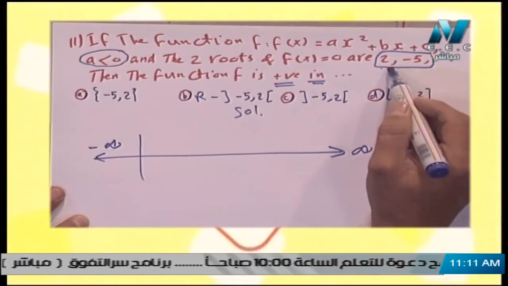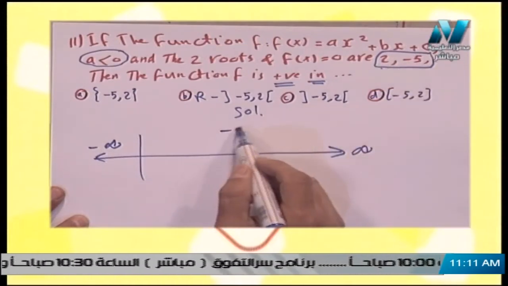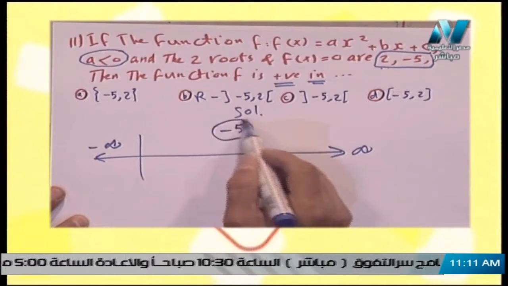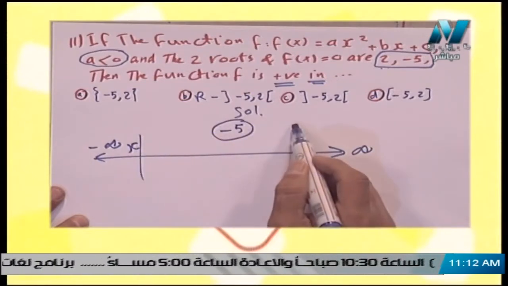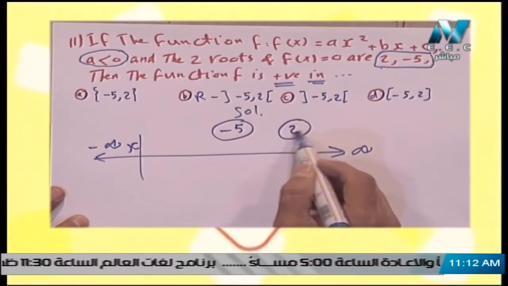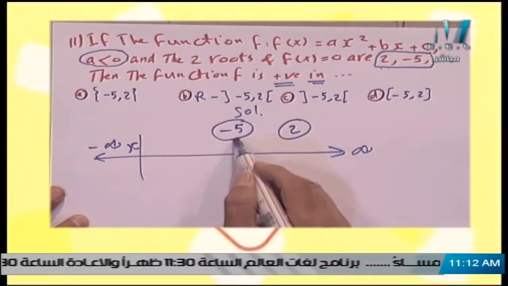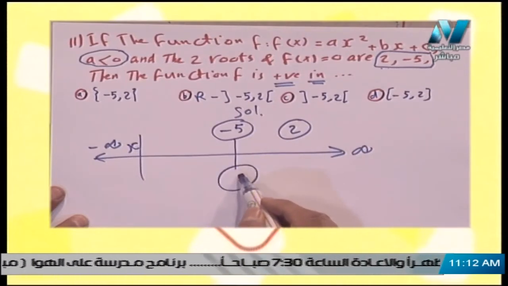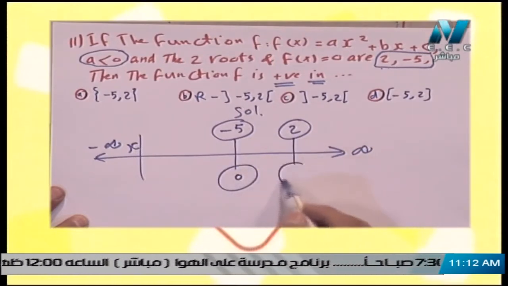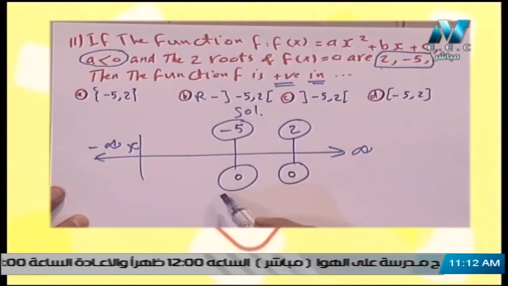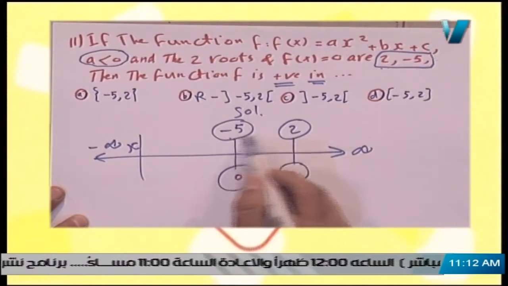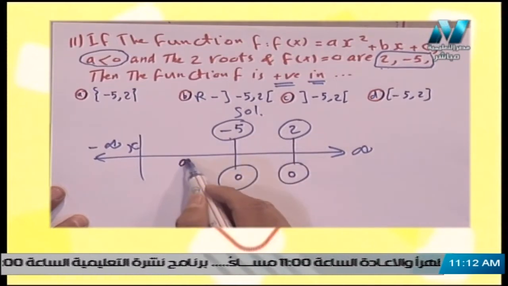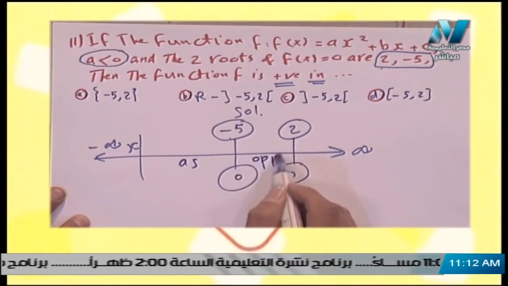We have two roots 2 and negative 5, so put negative 5 here as x and also 2 here as another x. At this negative 5, the function will be 0, and at this one, the function will be 0 also.